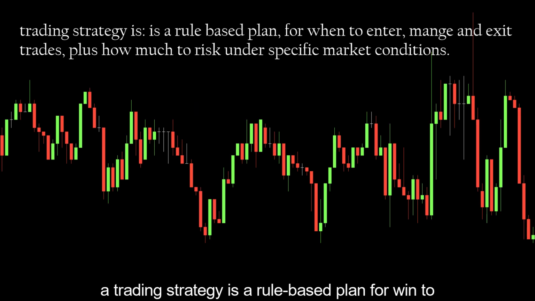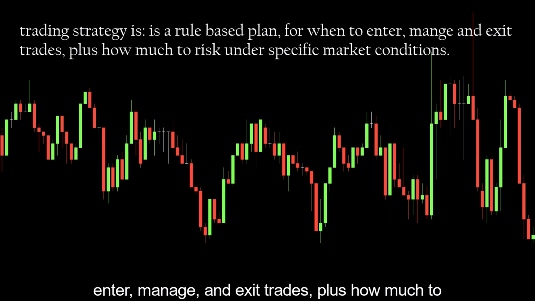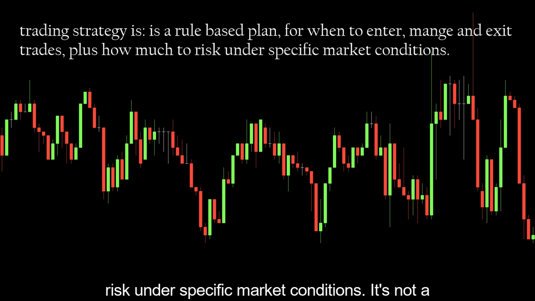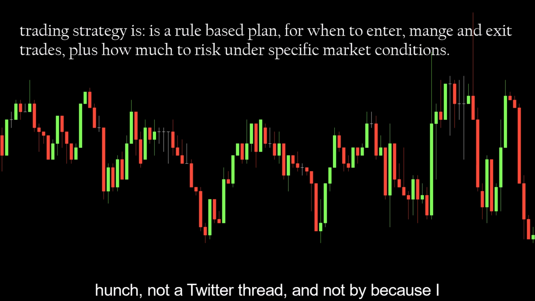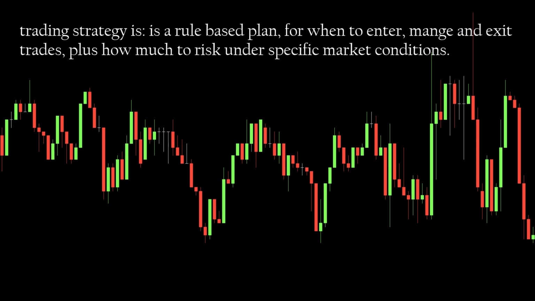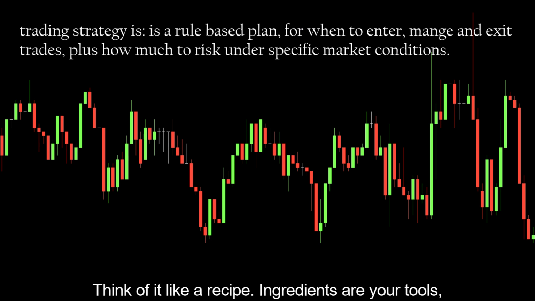A trading strategy is a rule-based plan for when to enter, manage, and exit trades, plus how much to risk under specific market conditions. It's not a hunch, not a Twitter thread, and not "buy because I feel it." Think of it like a recipe.